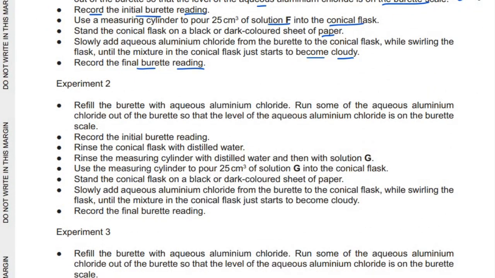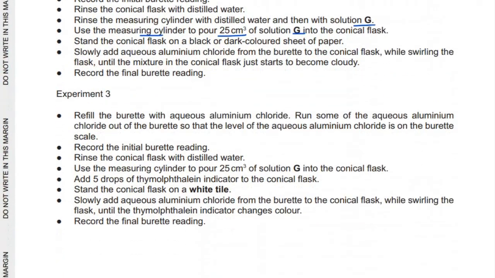Again it's the same process, but now we are using solution G. This time again we are using the measuring cylinder to pour 25 cm³ of solution G into the conical flask, and the same process is repeated.